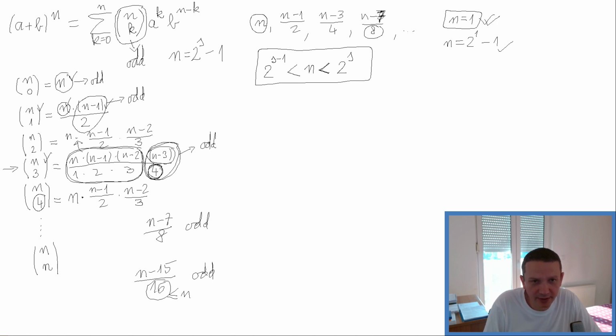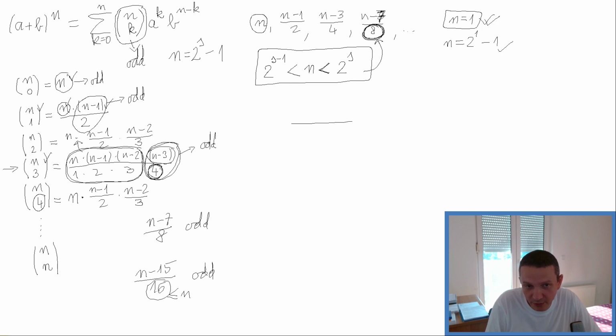And actually, if we now look at those fractions above, which all should be odd, the last one, so we said that this denominator here should be less or equal to n.